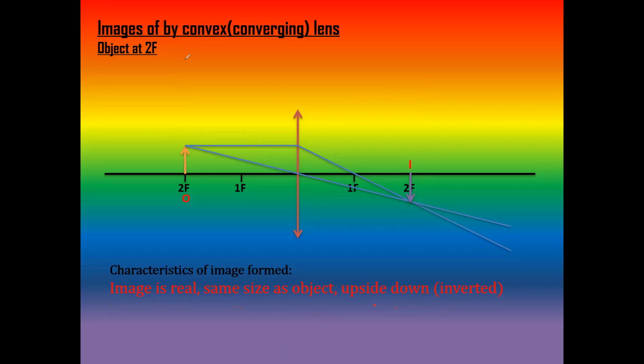That's not an issue. They can meet anywhere, at 2F, before 2F, or after 2F. So we'll continue this topic. I'll share another link to show how the image can form.